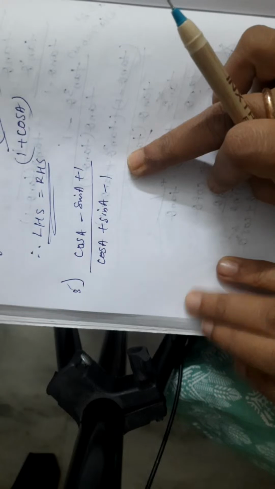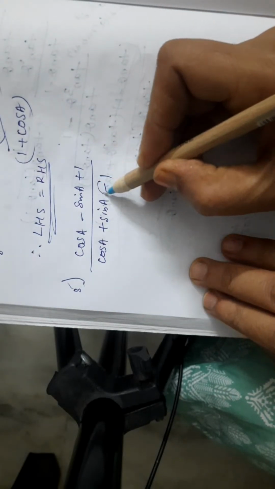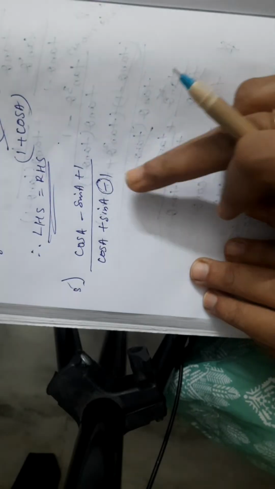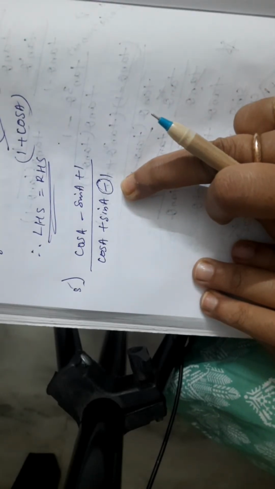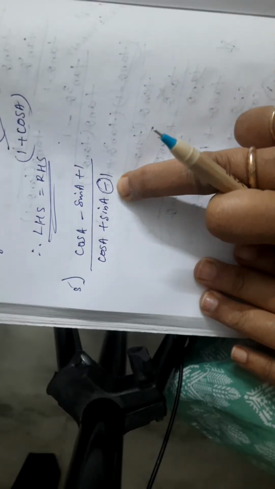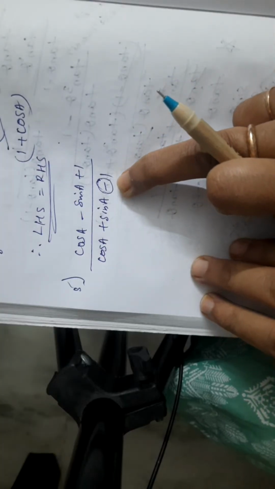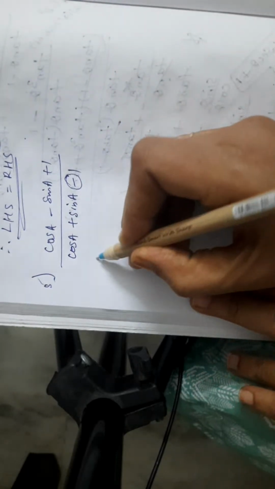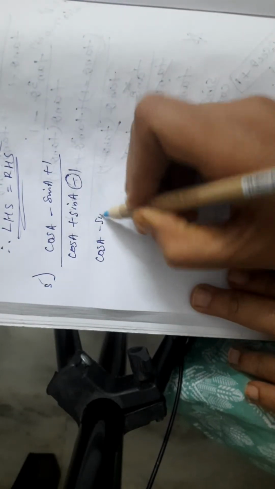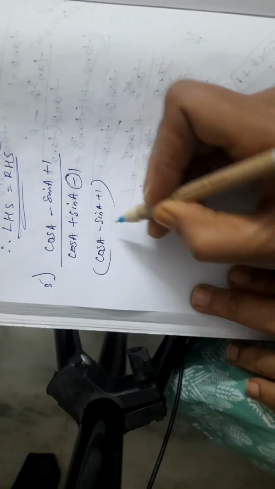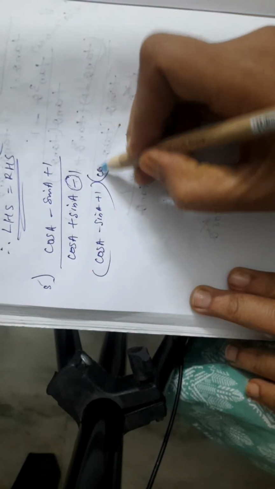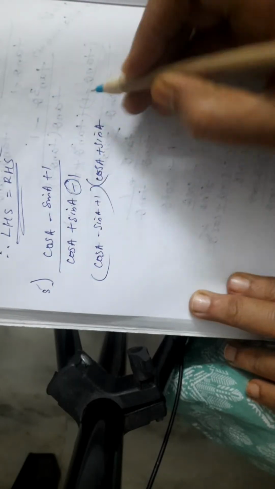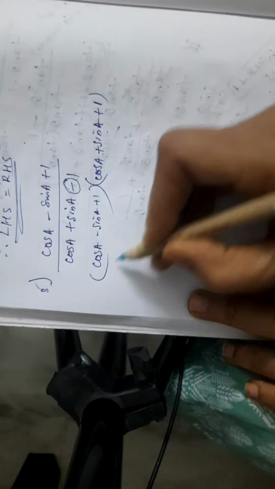So how to rationalize? Wherever there is a minus sign, that is to be changed during rationalization. Only a single sign we will change. Don't make other changes, only one sign is to be changed. In the previous question a plus was there, so we changed it. Here we are going to change this minus sign. Cos A minus sin A plus 1 over cos A plus sin A. As we are rationalizing, we will change the sign and take it as plus 1.